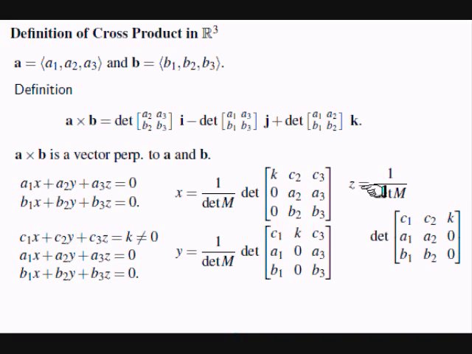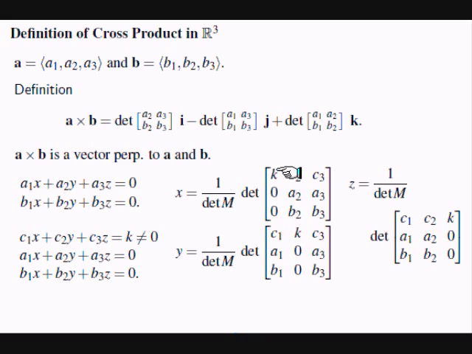I think this pretty much answers our question, because x, y, and z have this common factor of 1 over the determinant of M, 1 over the determinant of M here, and 1 over the determinant of M there. Moreover, if you apply cofactor expansion to this determinant of the 3 by 3 matrix, this only picks up the following term: k times the determinant of this 2 by 2 matrix right there.